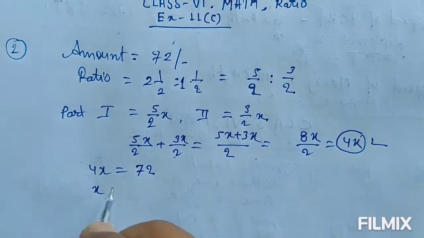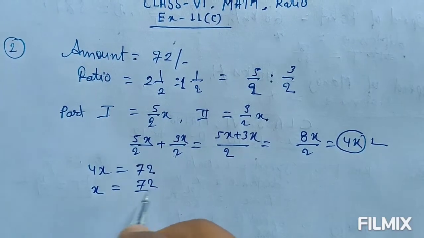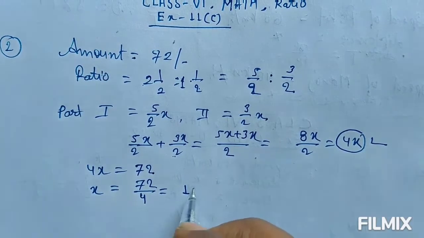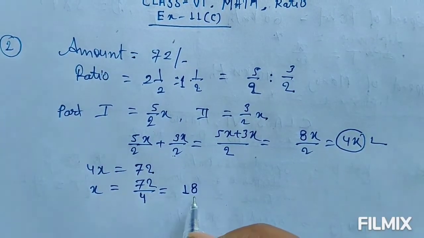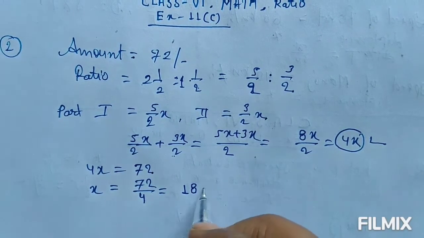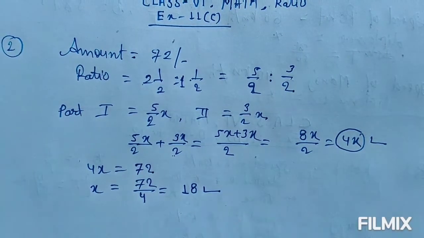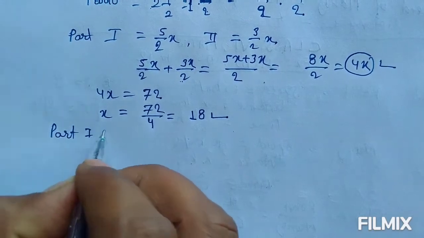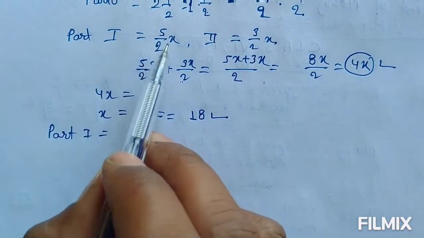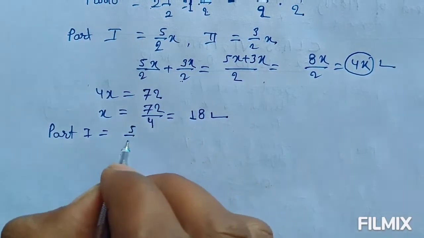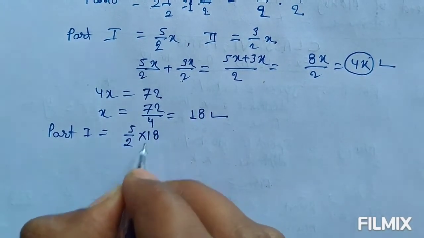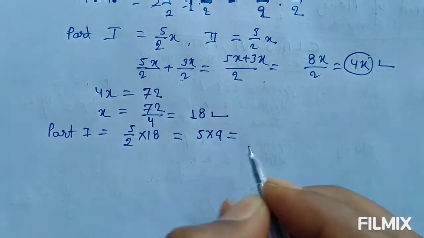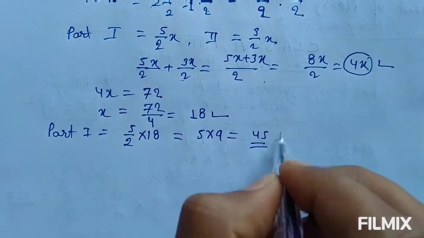Then the value of x equals 72/4. 4 ones are 4 and 4 eights are 32, so x is 18. Now the first part equals 5x/2, means 5/2 into x. x is 18, so 2 nines are 18, means 5 into 9 equals 45 rupees.